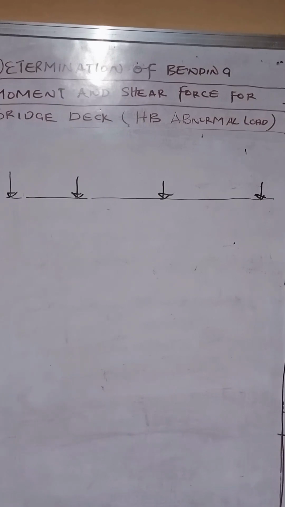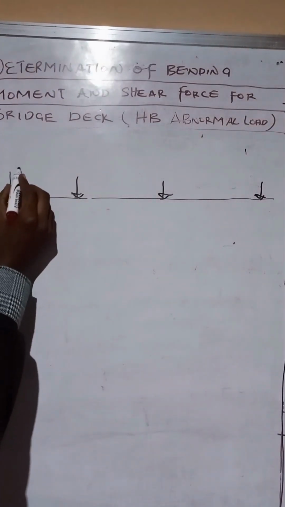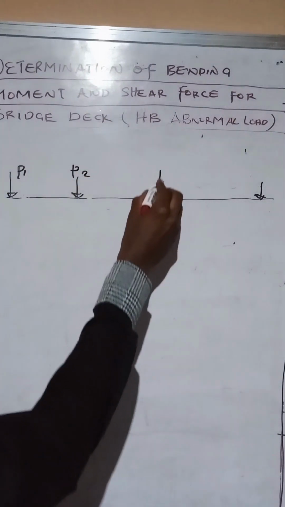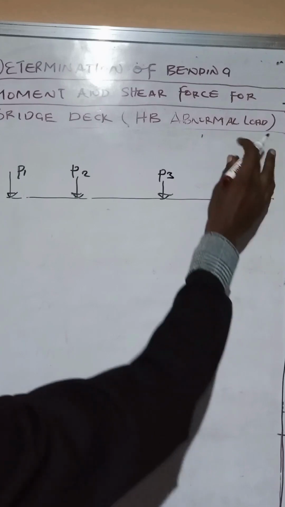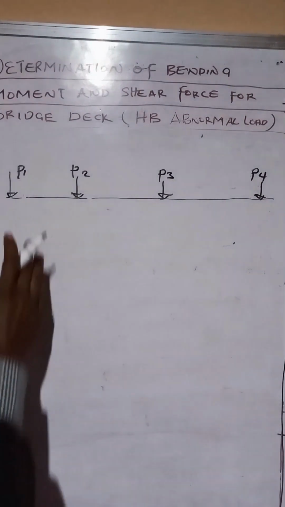So let's say we have this. Let's call this one P1, this one P2, and we call this P3 and P4 respectively. If we have this set of concentrated loads, first of all we have to determine the center of gravity of this load.